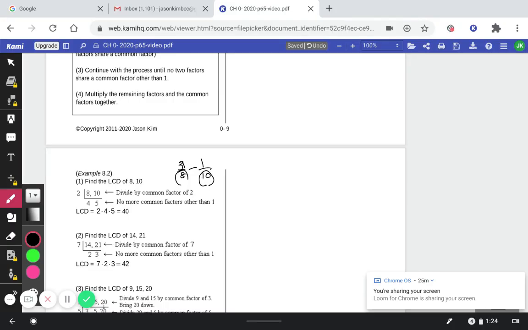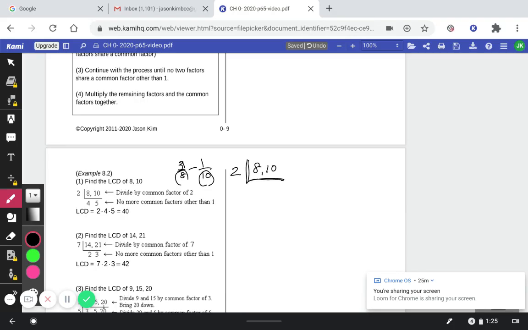The way you find the LCD is you write the numbers and write a division sign like this and divide by a prime number that can go into the common factors. So 8 and 10 are both even numbers, so I know we have 2 as a common factor. And then you divide each one by 2 and write under it.